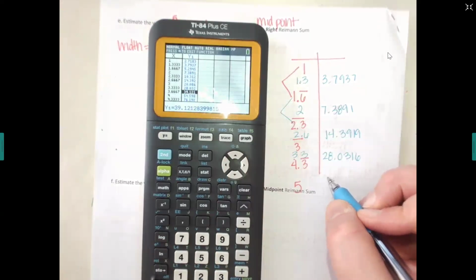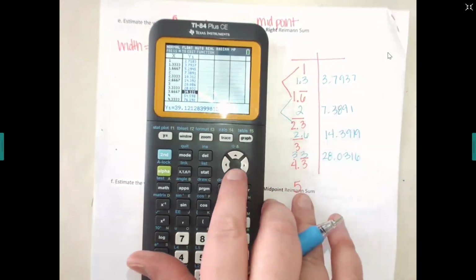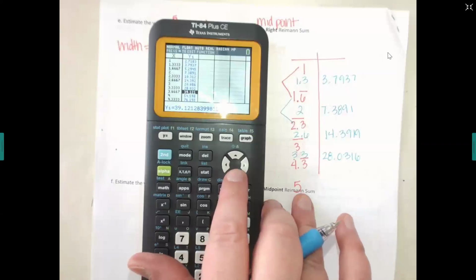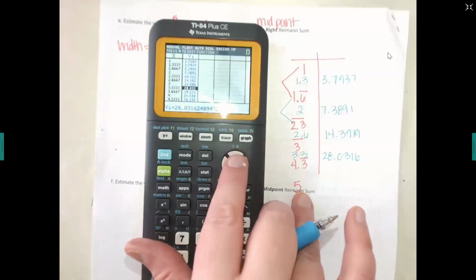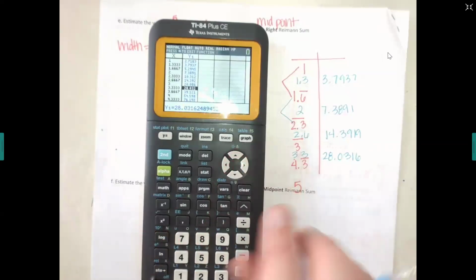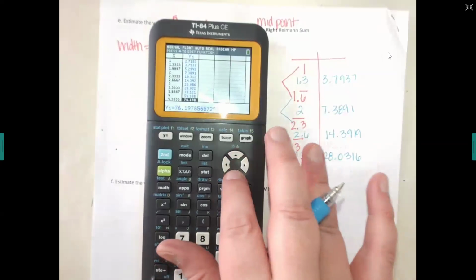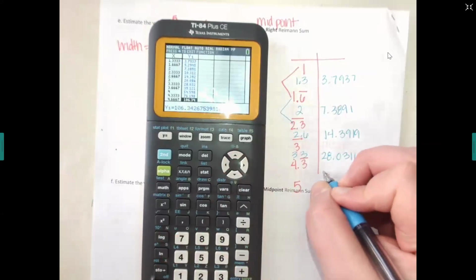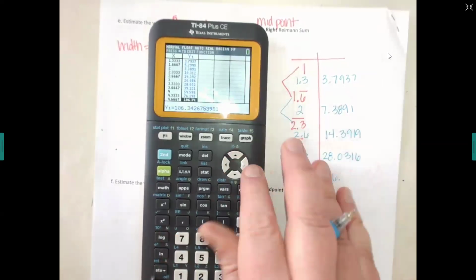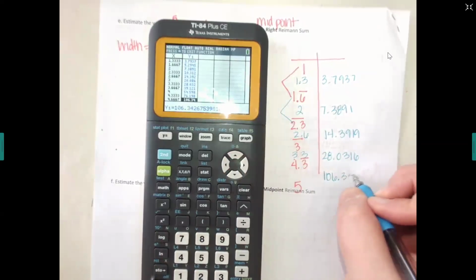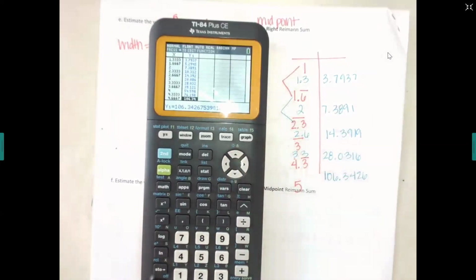I don't know, remember? There's two values between 3 and 4. Oh, dang it, I missed one. It's fine, we're just gonna pretend. Okay. So then for 4.3 to 5, I would use 4.6, which is 106.342. Yeah, I accidentally skipped one. Okay, but you get the idea.